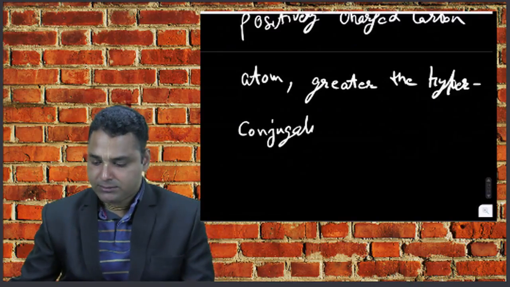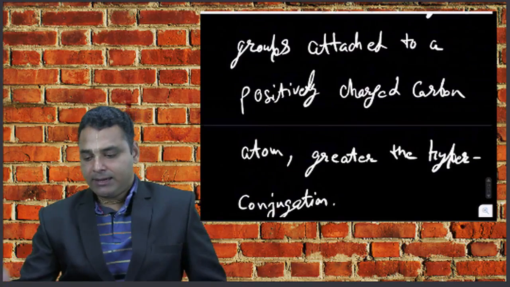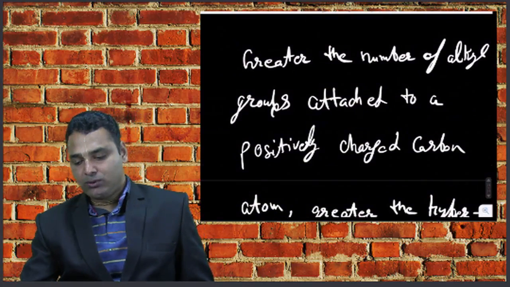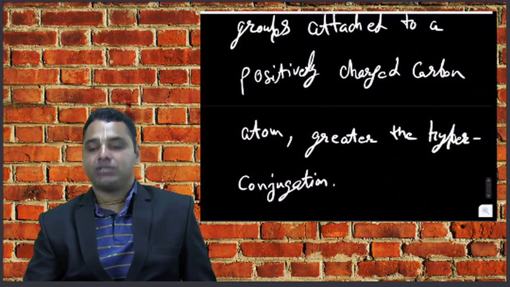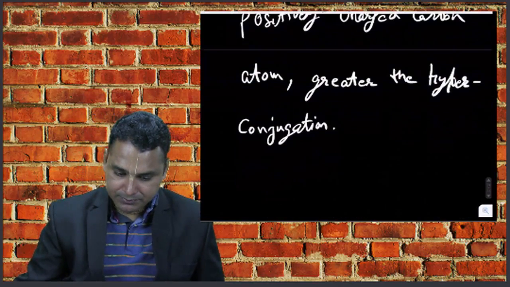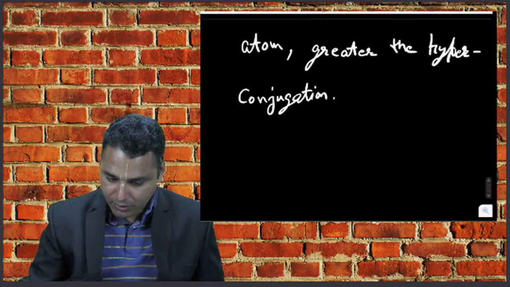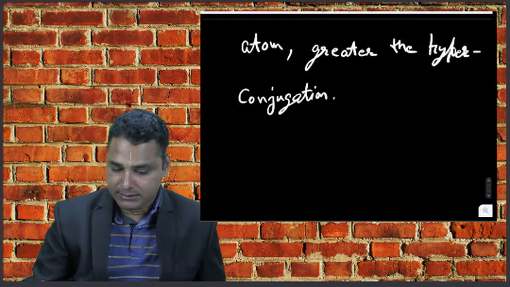So it's very easy. The greater the number of alkyl groups attached to a positively charged carbon atom, the greater the hyperconjugation.